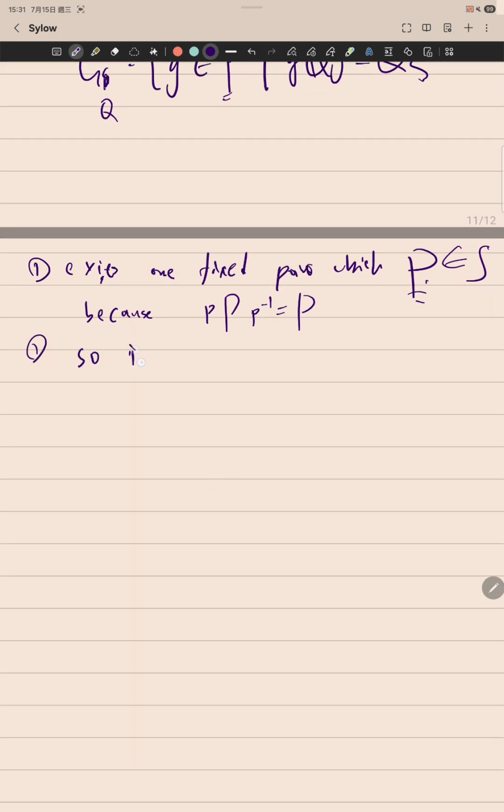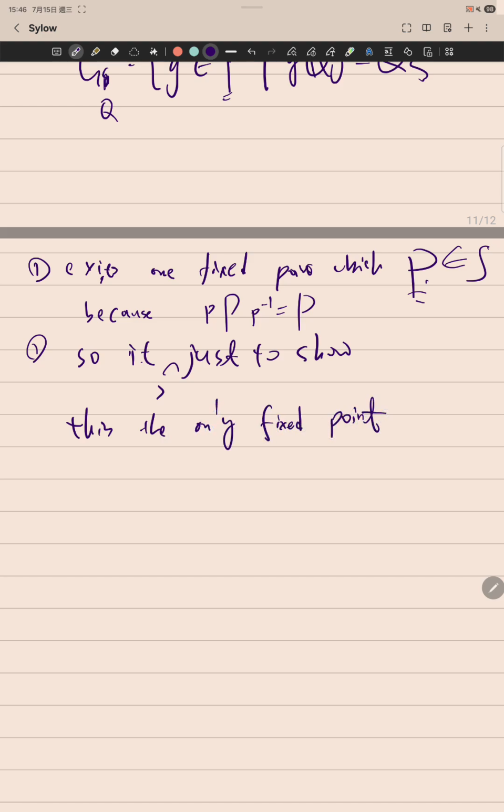So it's just to show, okay, just to show what? To show that this is the only fixed point. Let me just write down.